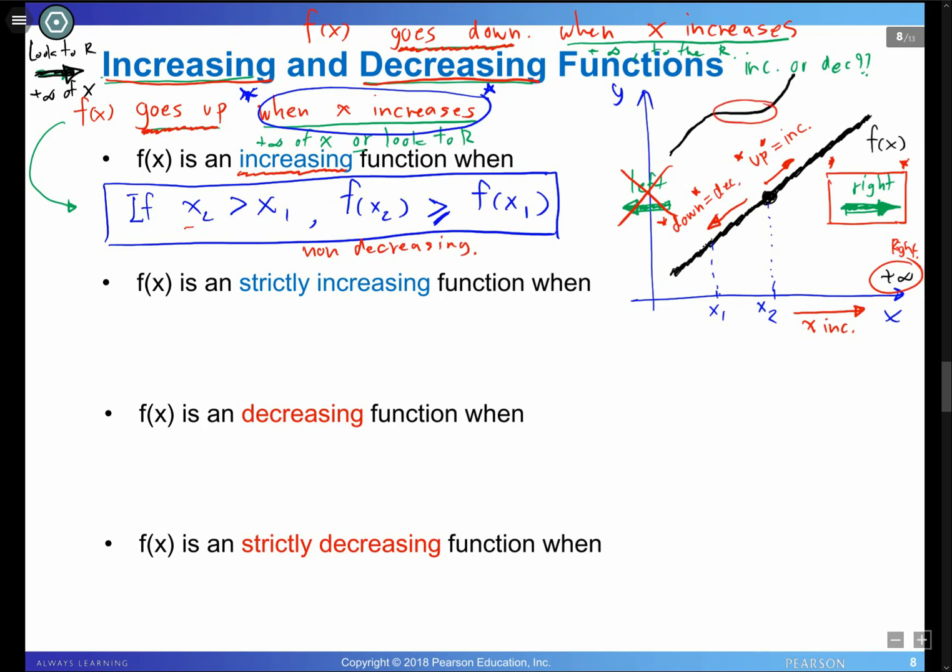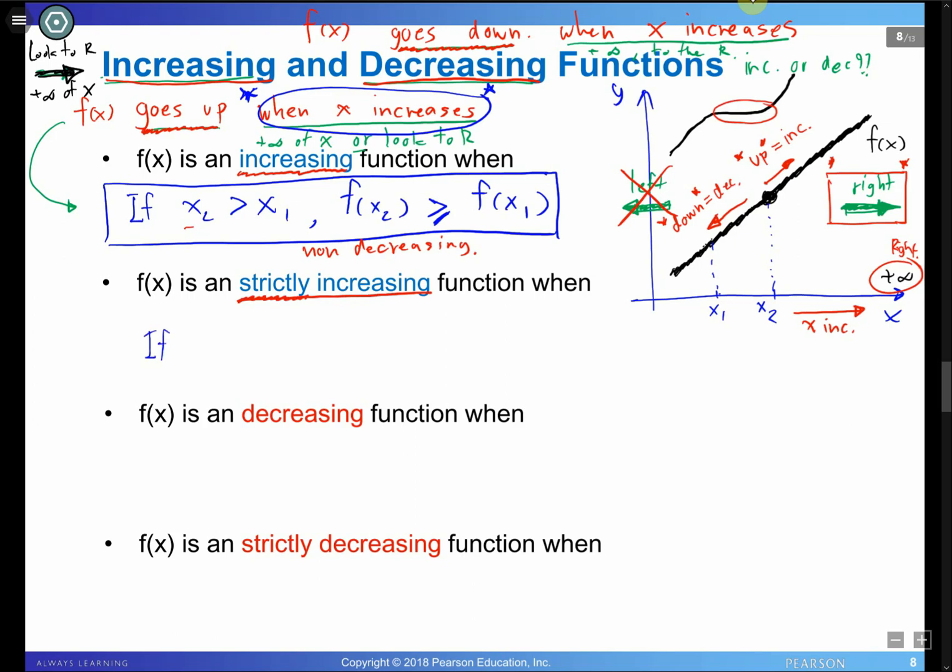Now, there is a difference between an increasing function and a strictly increasing function. Right here, for a strictly increasing function, everything is similar except that this one is a little bit stronger, strictly. So let's take a look at the difference here. Same thing, we have the same direction.